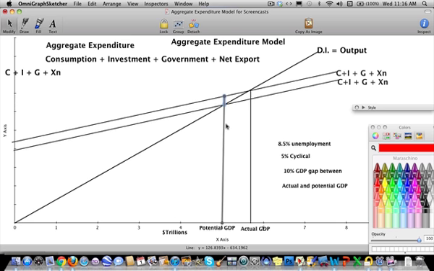It's the vertical distance. It could be 200 billion, it could be 500 billion, whatever amount we need to lower spending by in order for our economy to be at an equilibrium where we should be, at our potential GDP and not above it, as we are in this case.